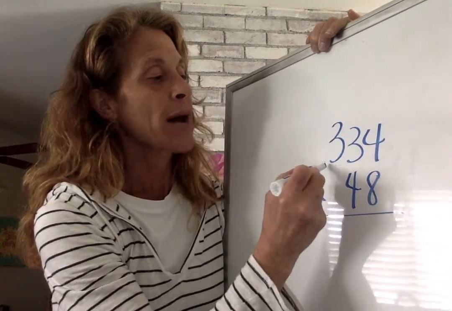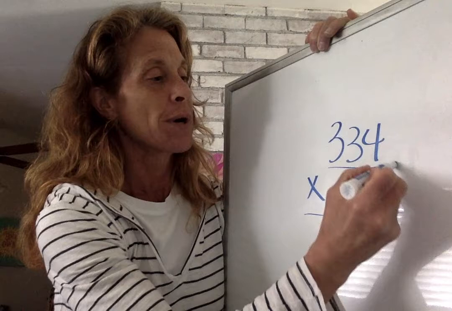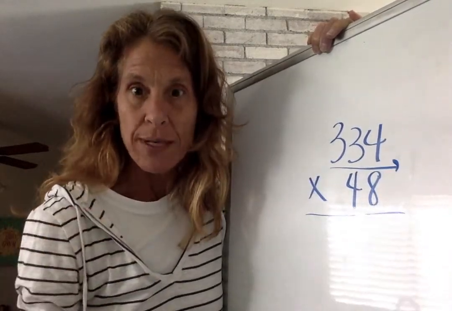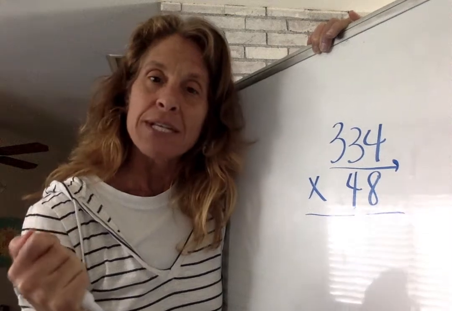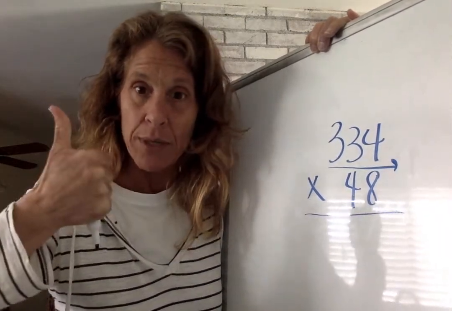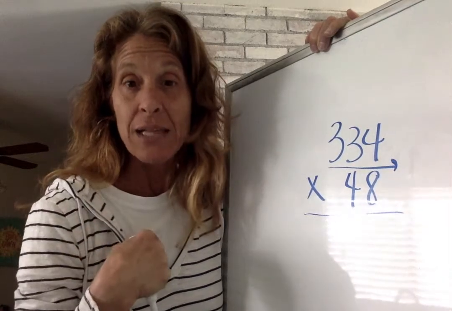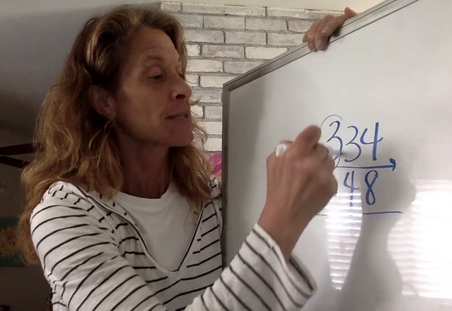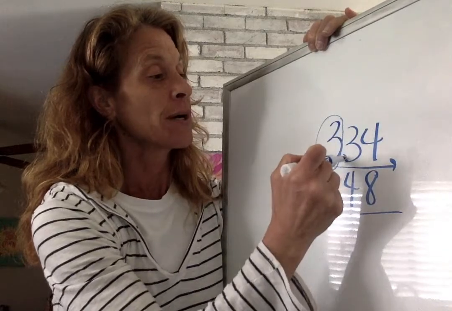If we were to round 334 to the nearest 100, would we round it to 300, or would we round it up to 400? Well, there are things that tell us what to do. So we look at our hundreds place. We look next door.